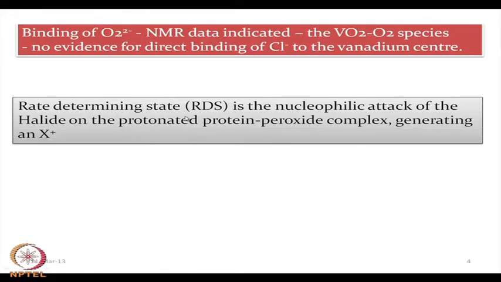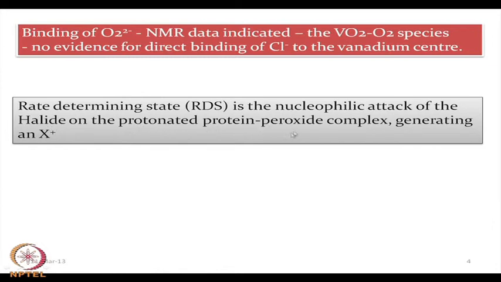So, at the rate determining step or the rate limiting step, what we have is the nucleophilic attack of the halide ion, that means this Cl minus is only functioning as a nucleophile attacking the protonated protein peroxide complex, generating X plus. So, at this particular point, the step is very much dependent on the formation of the vanadium peroxo species as well as the attack of the halide anion.